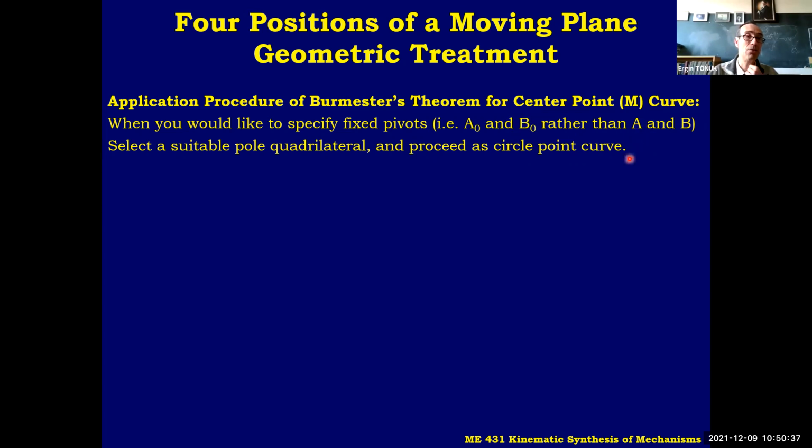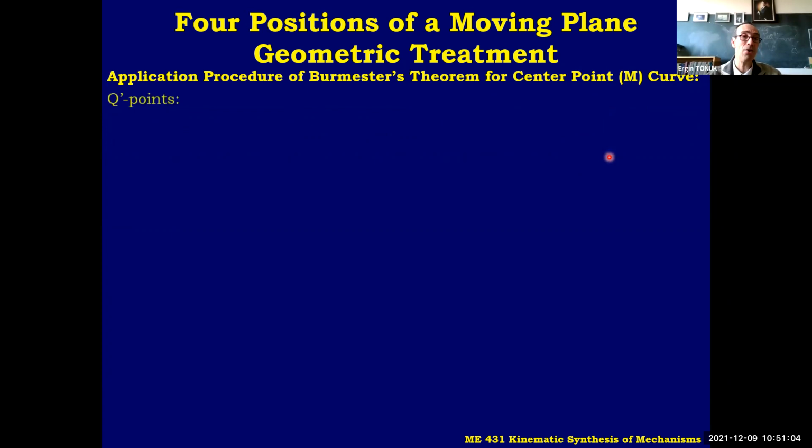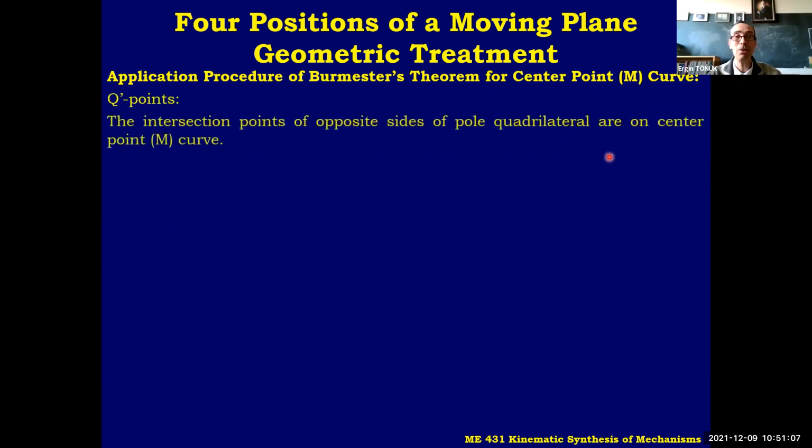Well, what we do is we just select this time the suitable pole quadrilateral rather than image pole quadrilateral, and we just proceed as the circle point curve. So the application procedure is exactly the same, except we change the image pole quadrilateral with the pole quadrilateral. And also we have Q prime, if you like, points.